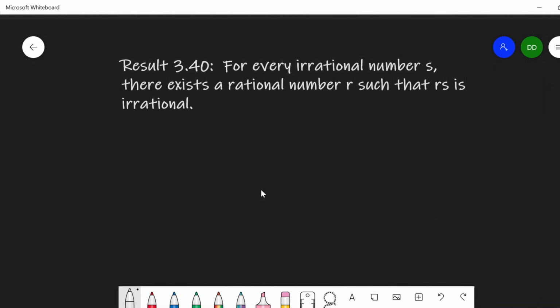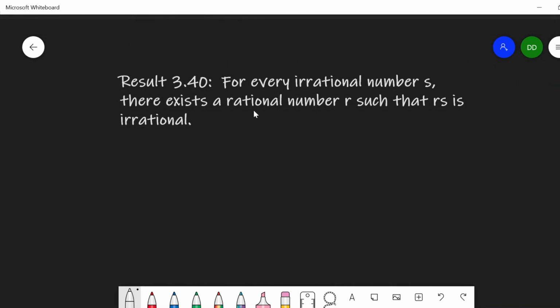So result 3.40 says for every irrational number S, there exists a rational number R such that RS is irrational. So this is an example of a for all and then a there exists statement.